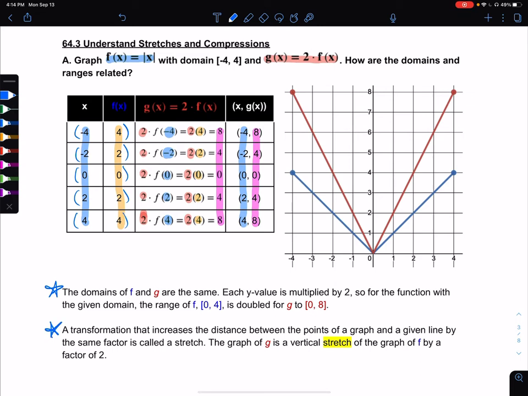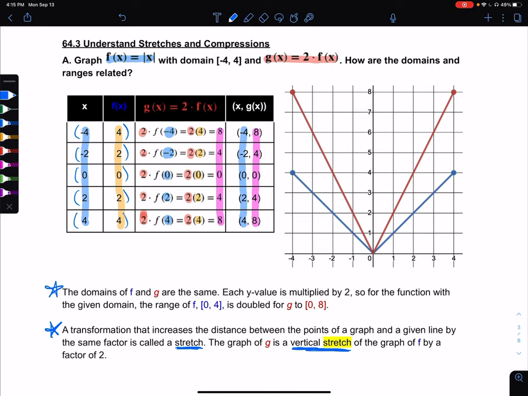And more specifically, the second statement here says a transformation that increases the distance between the points of a graph and a given line by the same factor is called a stretch. So you want to be familiar with this term, a stretch. The graph of g is a vertical stretch. We'll get into more detail as the lessons go on about what we really mean by vertical stretch, but just think of it as the graph being pulled taller.